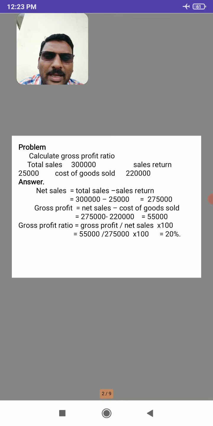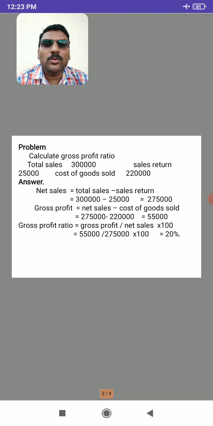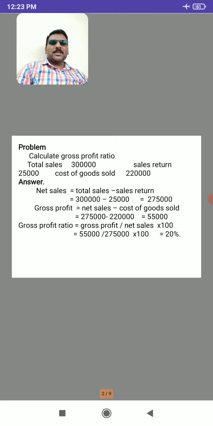Net sales we have already calculated as 2,75,000, and we know how to calculate the cost of goods sold: by adding opening stock, purchases and all direct expenses, and from this total we deduct the closing stock. But in this problem the value of the cost of goods sold is directly given, so there is no need to calculate it. Here the cost of goods sold is 2,20,000.